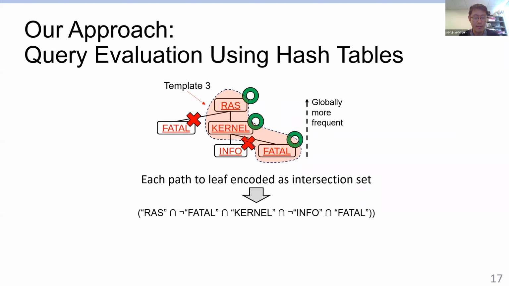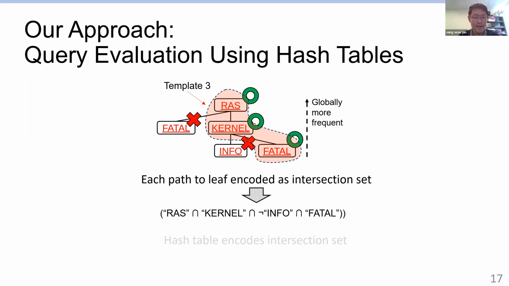This can be encoded in this set format. You might notice that there are two fatals in here. One is negated, one is not negated. The solution is that we get rid of the negated part if this happens. There is a slightly complicated proof for why this works. It's actually in the paper, but I don't think I have time to go into it right now.